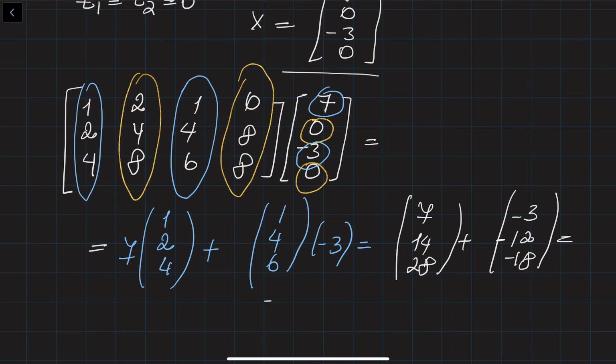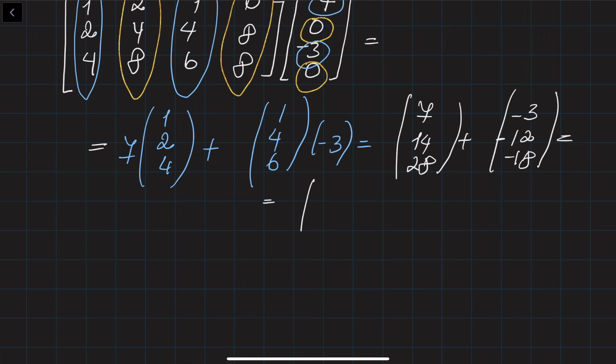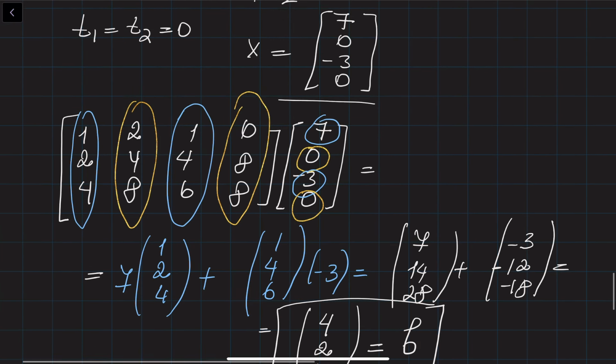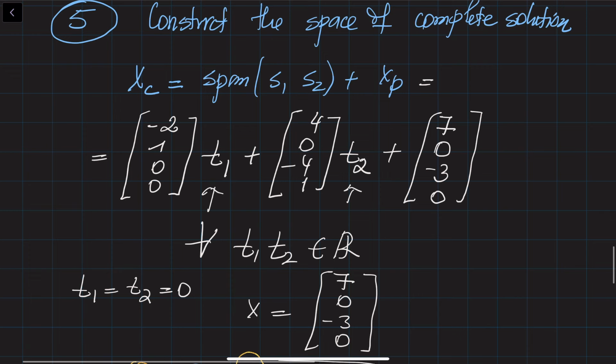And if you subtract, what we get is essentially the vector 4, 2, and 10, which is actually the same vector as the b vector, which was given initially. So this is a valid solution, and you can construct all the other solutions by just assigning different values for t1 and t2 as we did here.